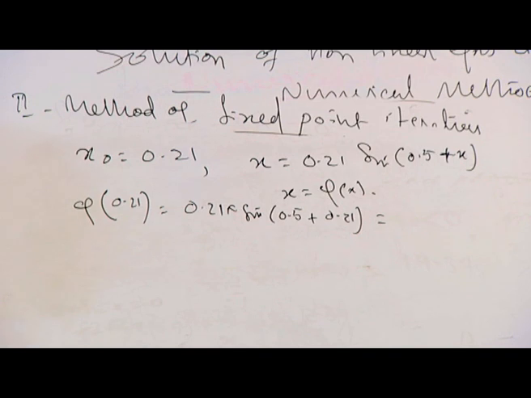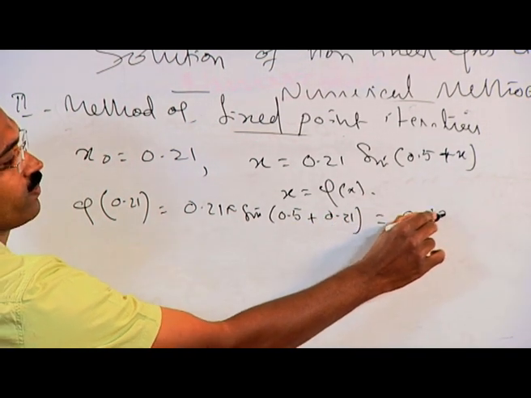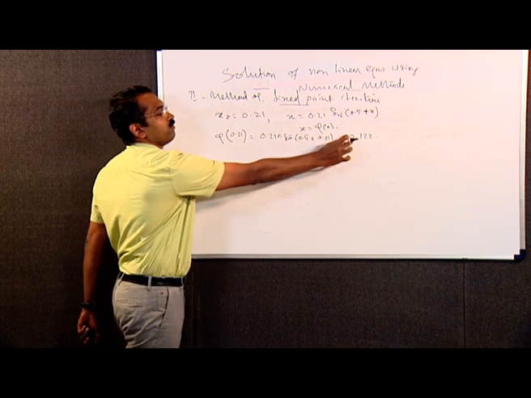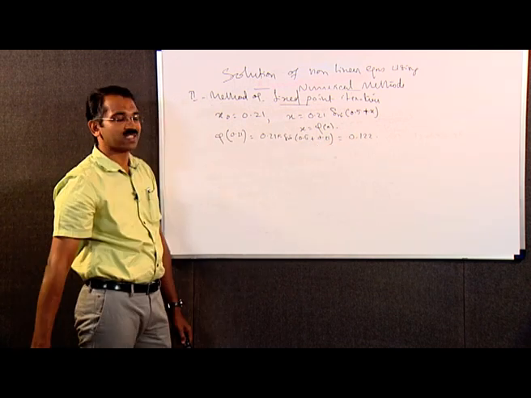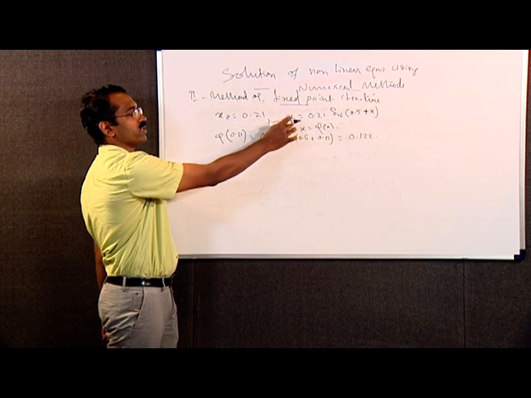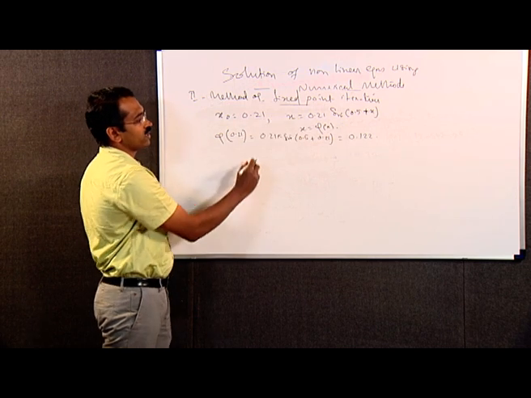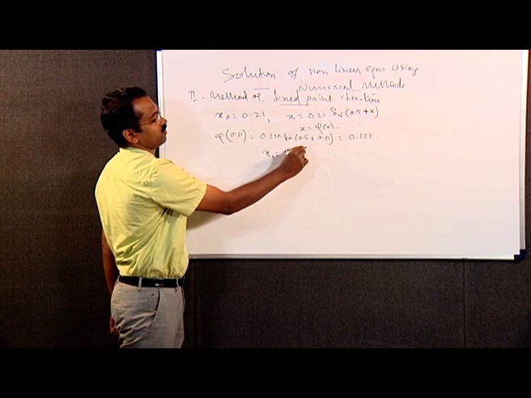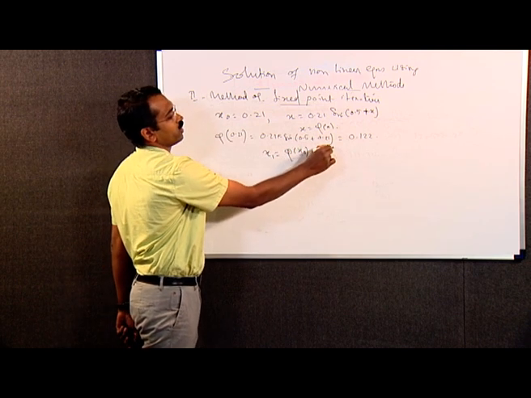That is equal to 0.122, which may be taken as the next approximate root of the given equation, that is x1 equal to phi of x naught, equal to 0.122.